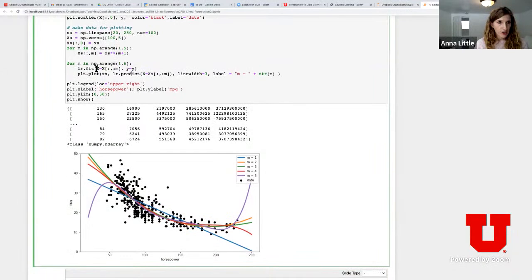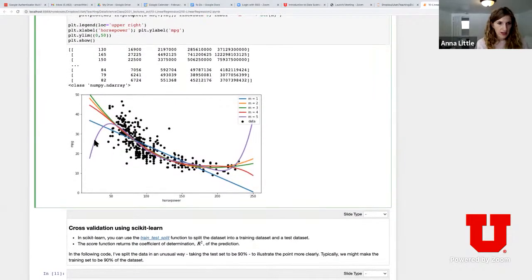And then for each model, you're fitting the model, and then you're plotting the prediction on that grid of values that you defined. And so here we see our lovely models. Here we also have the fifth power one, which, yeah.